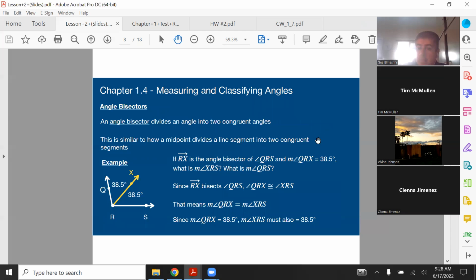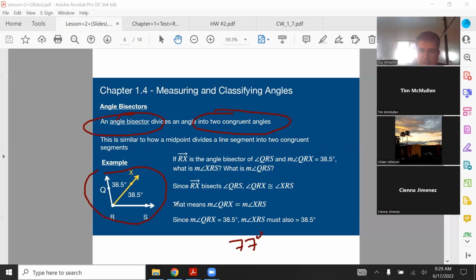Bisecting. We talk about segment bisecting, cutting in half. The bisecting to cut in half, right? That's exactly what we're going to do here. We're going to cut this guy in half. So we see here that we have 77 degrees is the whole thing here.